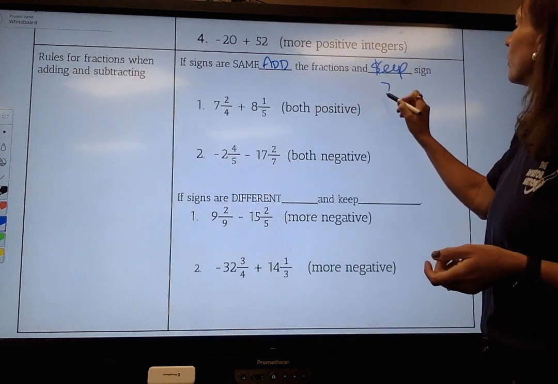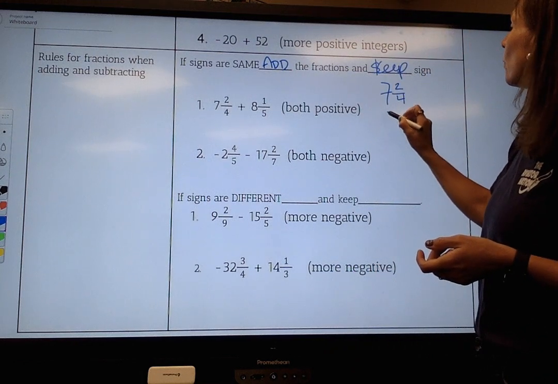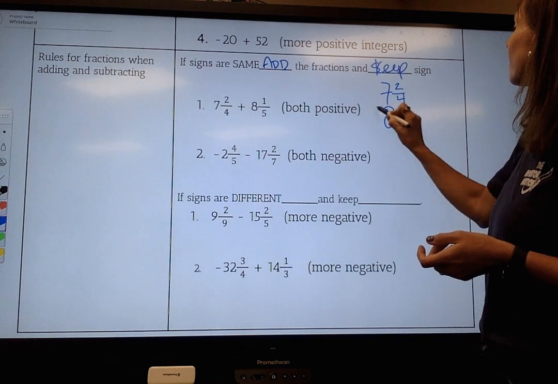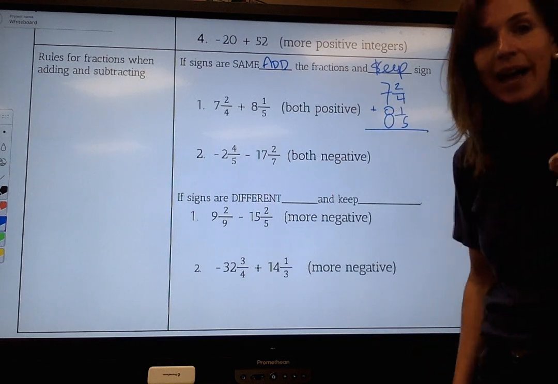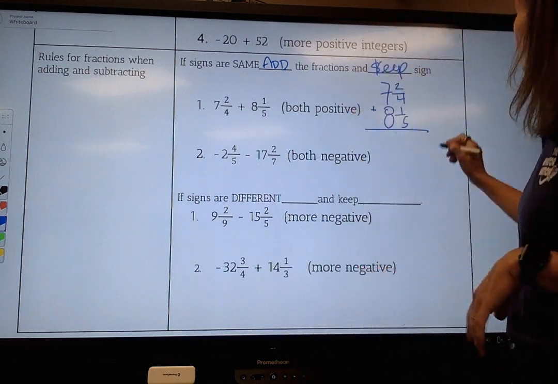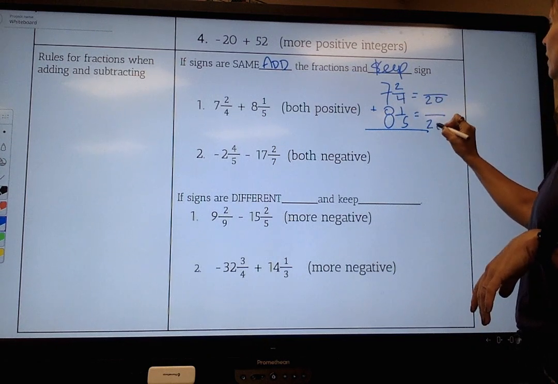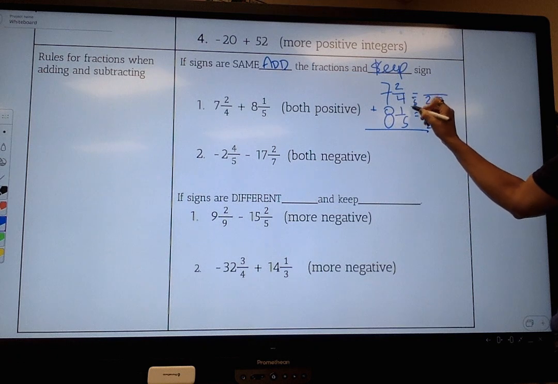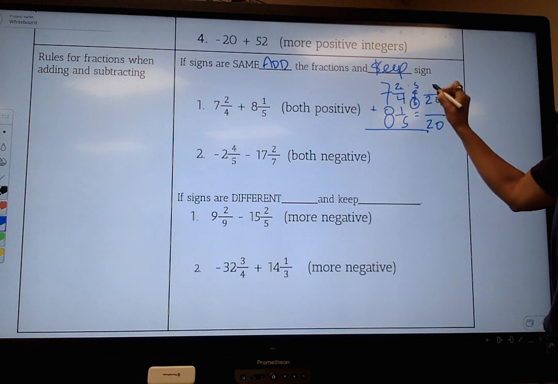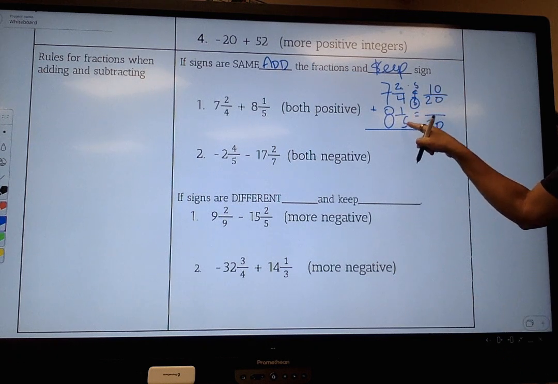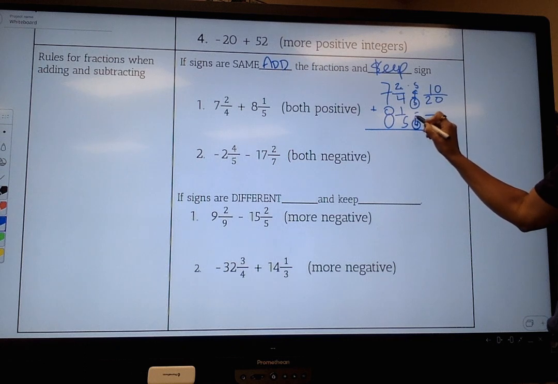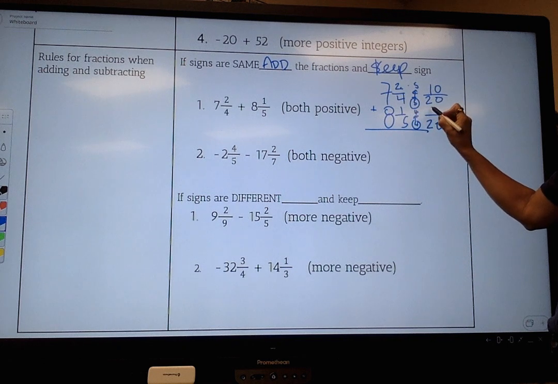What do we need? Well, I know I'm adding, we have to have a common denominator. So over here, I know my denominator is going to be 20. 4 goes into 20 5 times. You bring that 5 up. 2 times 5 is 10. 5 goes into 20 4 times. You bring that 4 up. 1 times 4 is 4.